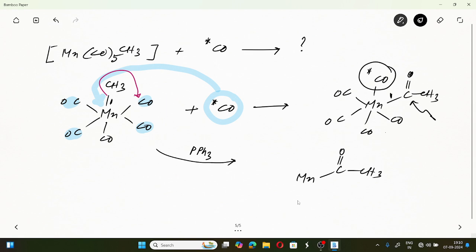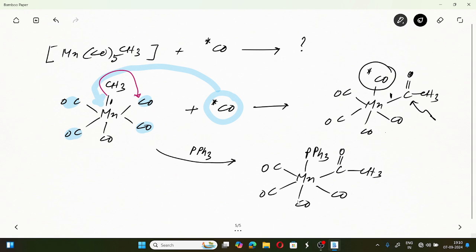So it's a one migratory insertion. তাই তো? তাহলে দেখো in this one migratory insertion, the PPh3 লেগে যাবে. So these are some good examples of one migratory insertion reaction.